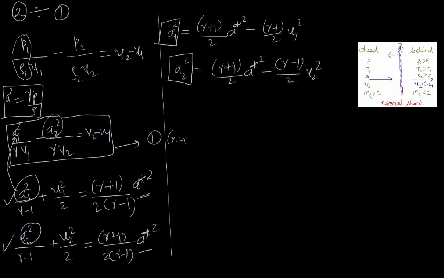gamma plus 1 by 2 gamma U1 into A star square minus gamma minus 1 U1 square divided by 2 gamma U1.